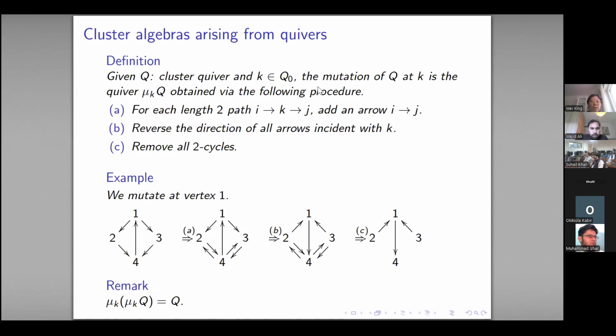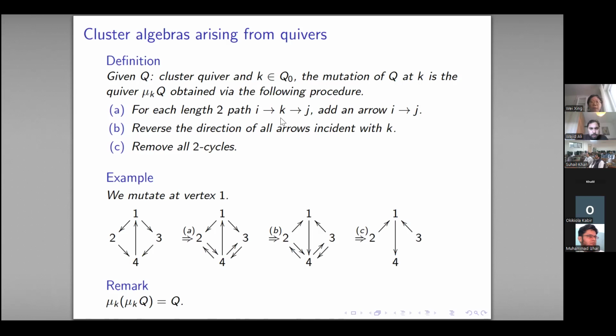So if we have a cluster quiver and we pick a vertex k, then the mutation of the quiver at k is another quiver, which is obtained from Q via the following procedure.